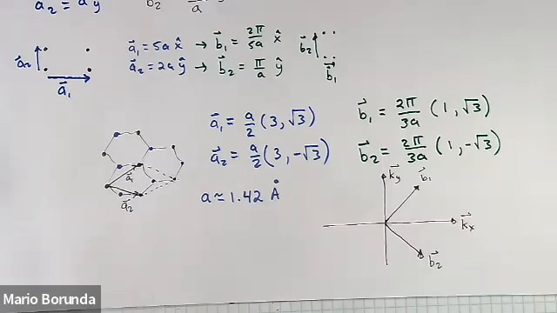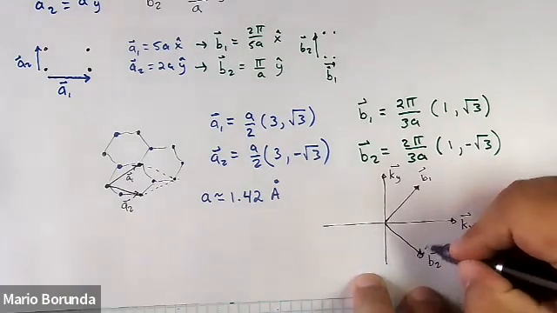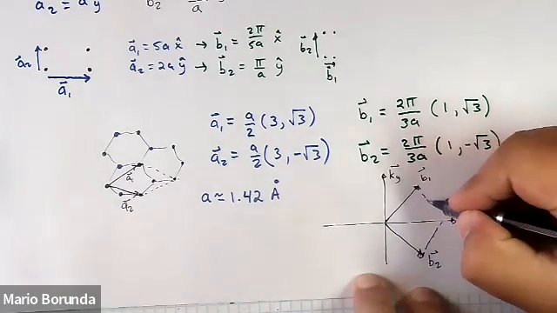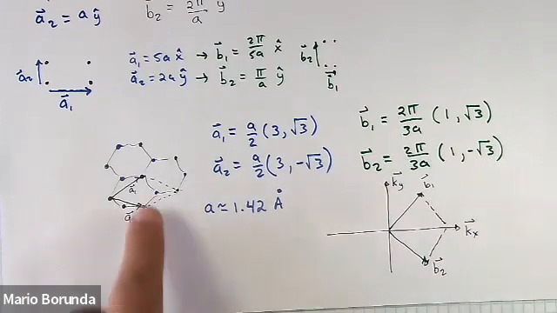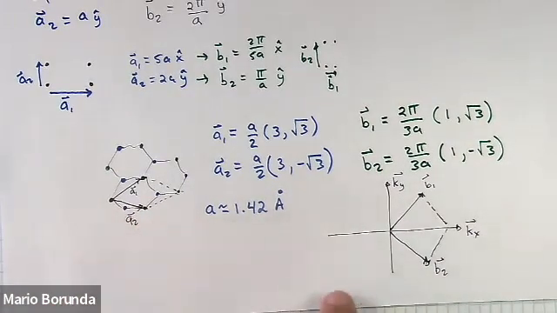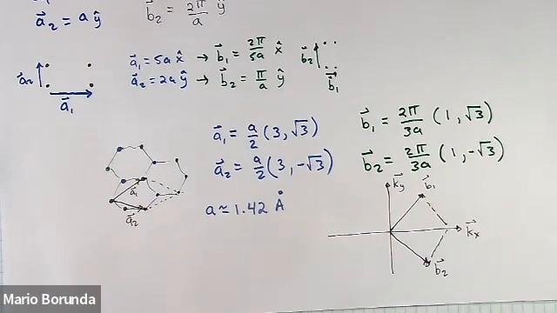If I do the same thing, you'll see that there's 4 points, like this, and like that. So that's also my unit cell. So this is my unit cell in real space. This is my unit cell in wave vector reciprocal space. Questions?